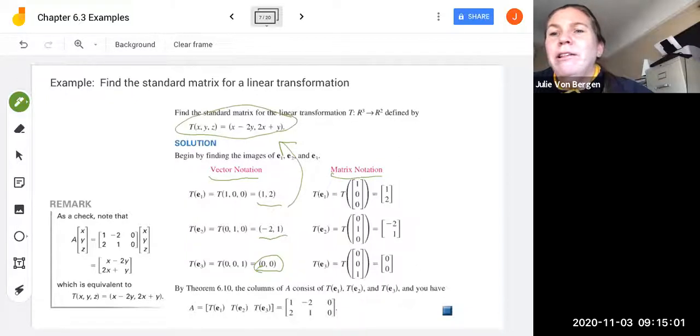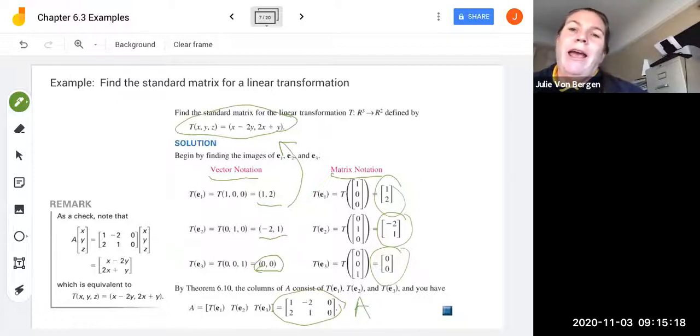Following theorem 6.10, the columns of A consist of T of E1, T of E2, and T of E3. So this would be our matrix A here. And then here's a little remark that's important. As a check, note that A acting on x, y, z is 1, negative 2, 0, 2, 1, 0 multiplied by x, y, z, which works back out to be x minus 2y in the first row.